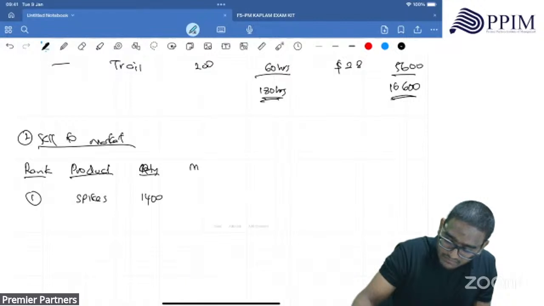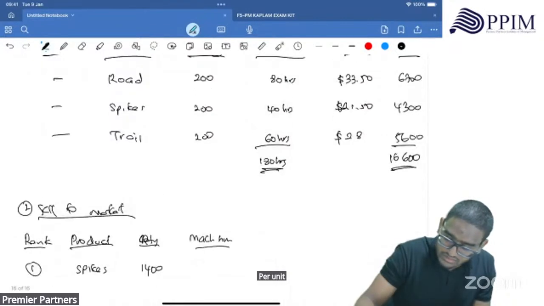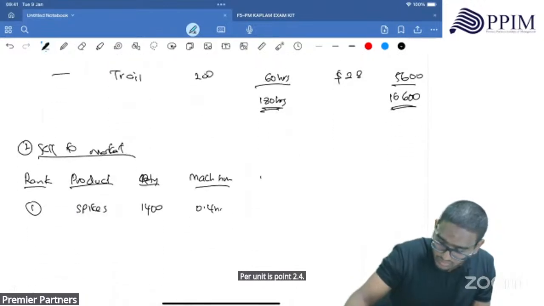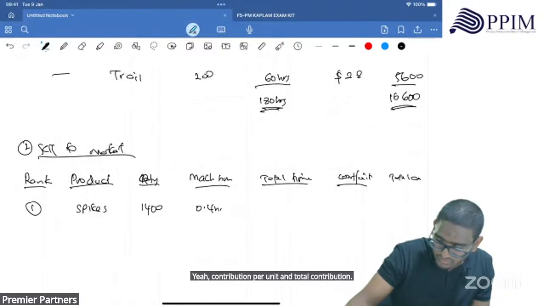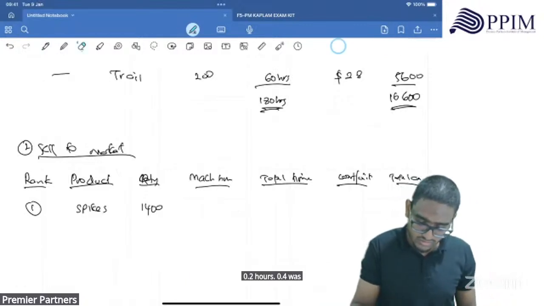Machine time per unit is 0.2 hours. 0.4 was the other one, road.